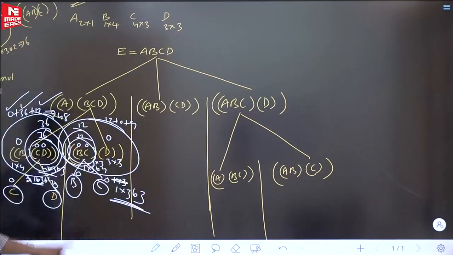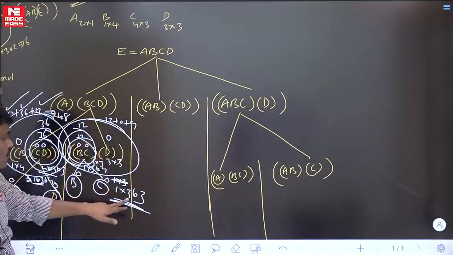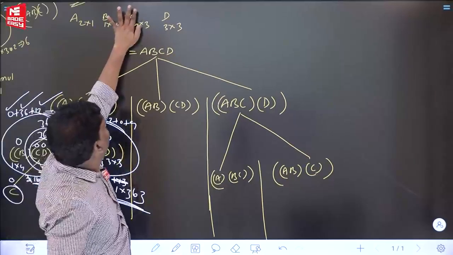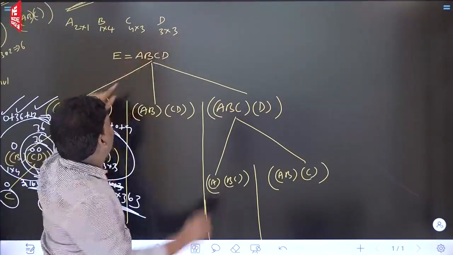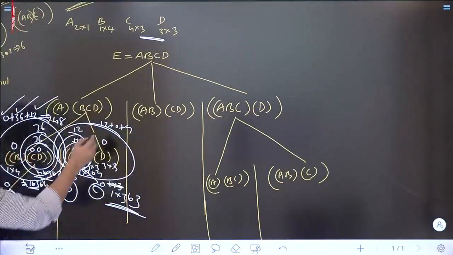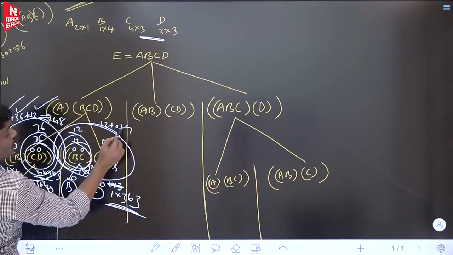What is the BCD overall size? BCD overall size is 1 by 3, right? This one BC is 1 by 3, D is 3 by 3, overall 1 by 3. To multiply, 3 multiplications required into 3, totally 9. So left 12, right 0, combined 9, totally 21.